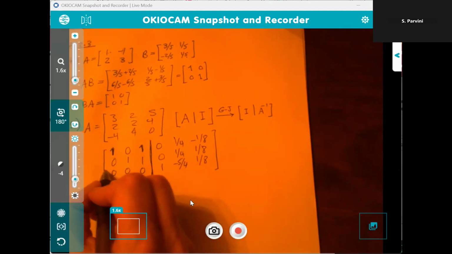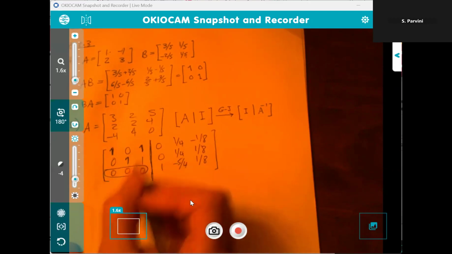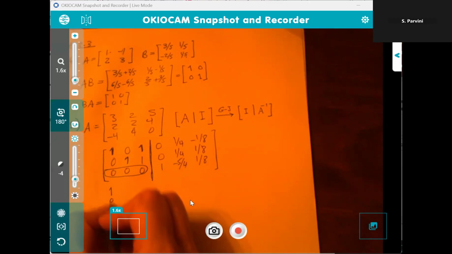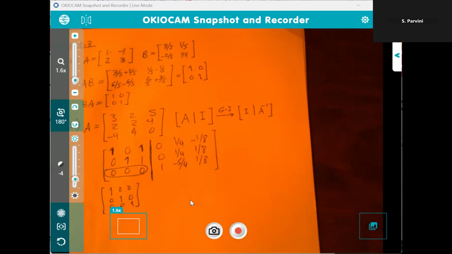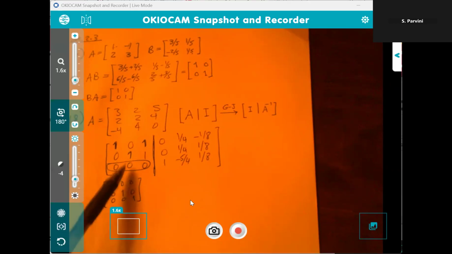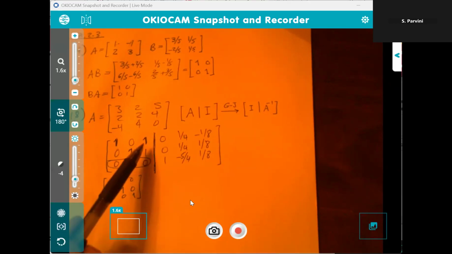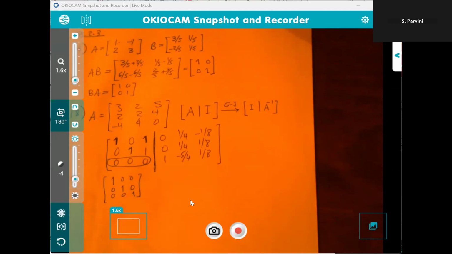Look at this last row. Would you agree, a 3 by 3 identity matrix? We were expecting this, weren't we? Shouldn't we have gotten this? Look, we got 1, 0, 0, 1, 0, 1, 0, and then we needed 0, 0, 1, but we have 1, 1, 0.